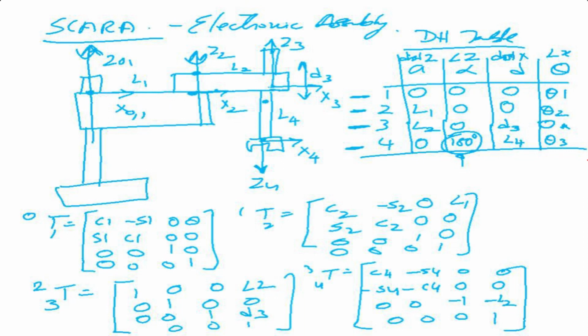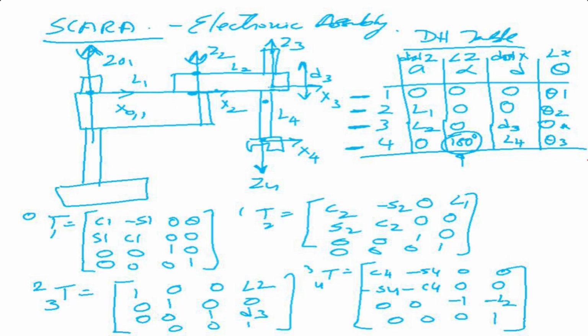If I see from the front, this is my z3, this is my z4, so I can rotate like this by 180, or I can rotate like this by 180. This is plus and that is minus. In both cases it will become the same. It doesn't make any difference, so here I'm writing 180 plus. What is d? d is my distance between the x-axes, which is L4, and the variable is theta 3.